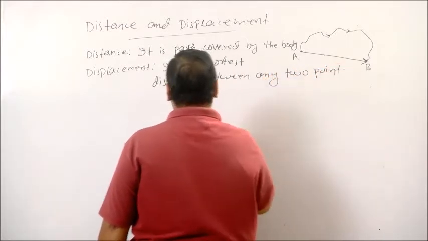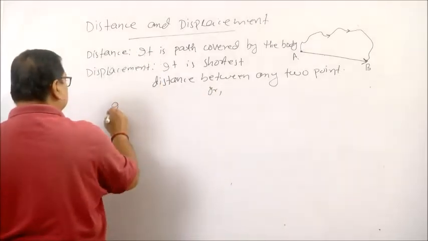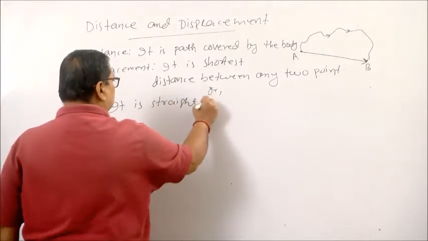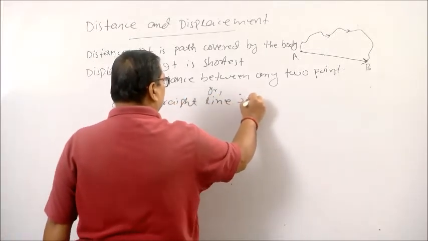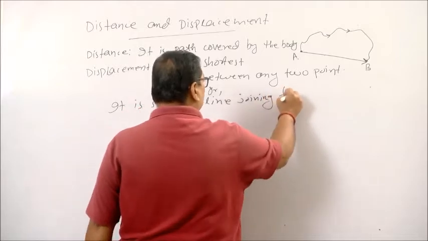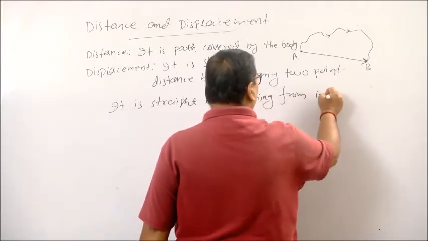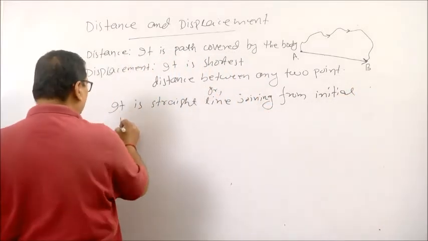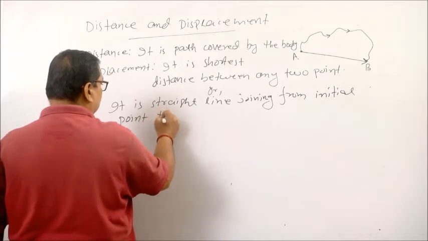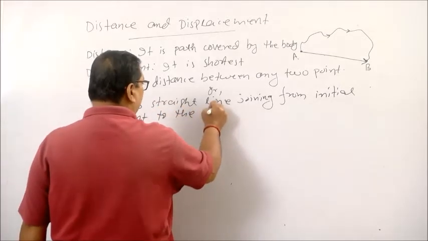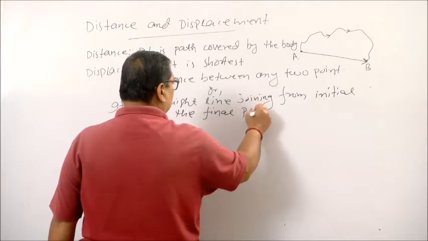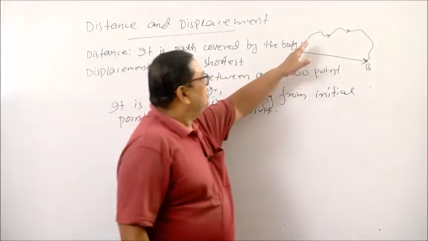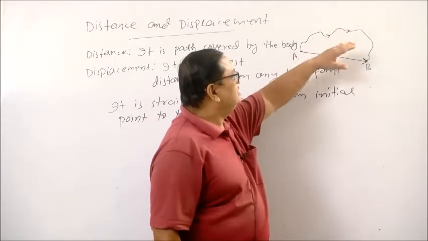Shortest distance between any 2 points, or it is straight line joining from initial point to the final point. This initial point is also known as starting point. Since distance is path covered by the body, there is no particular direction. Direction is changing at every point.